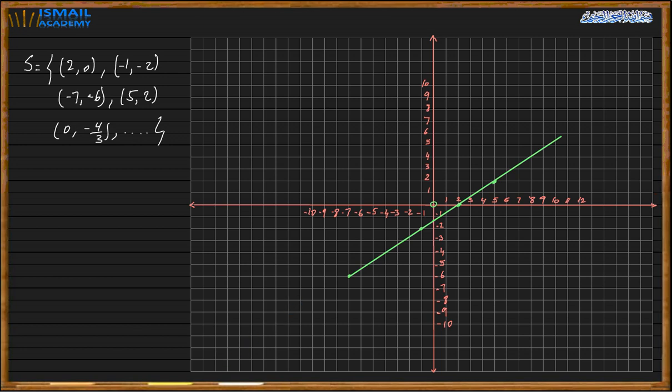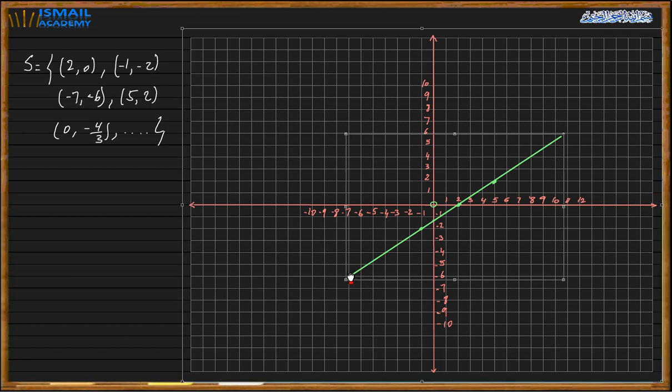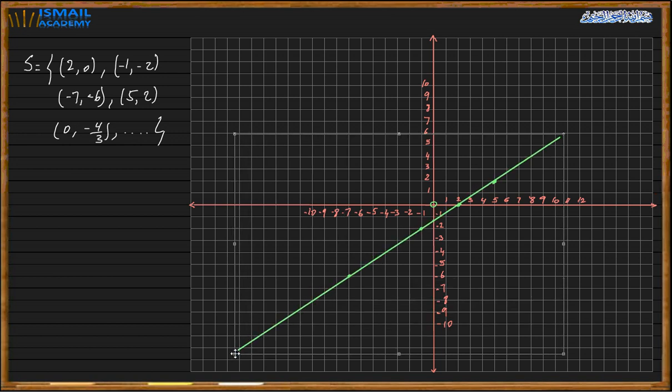If I extend my line, I can find all the solutions. So those are all the solutions. For example, minus 10 and minus 8 is a solution. As you see here, this is a solution, minus 10 and minus 8.